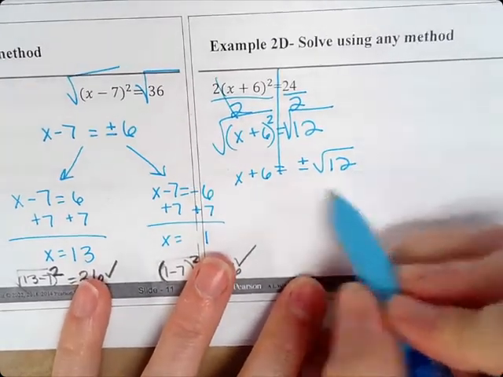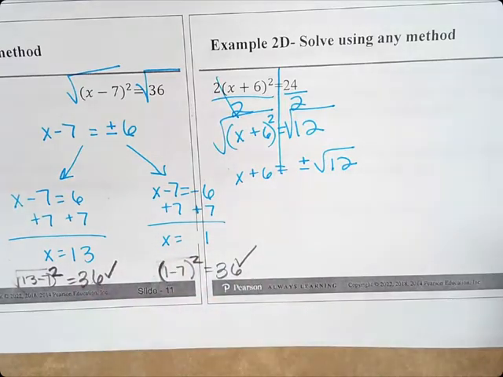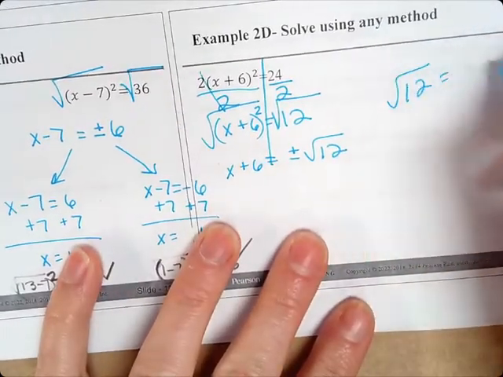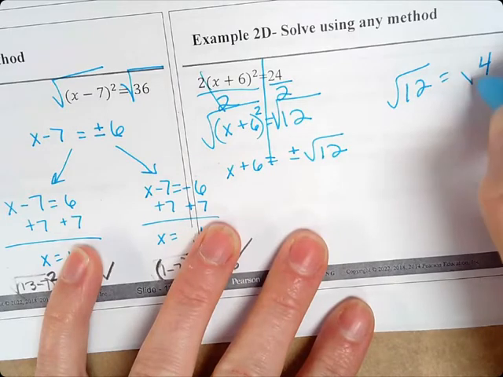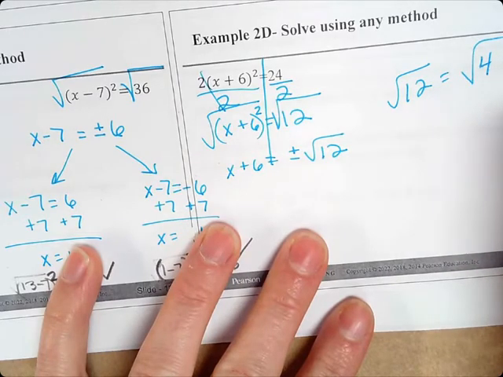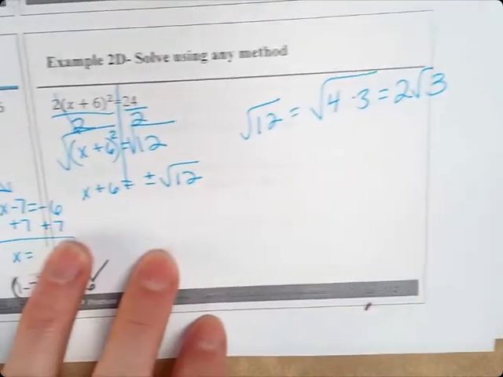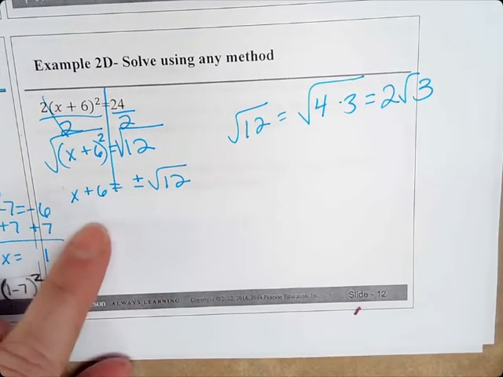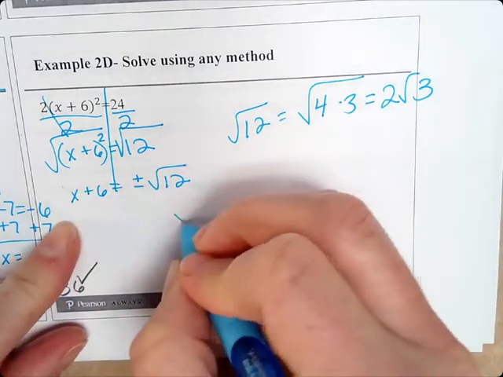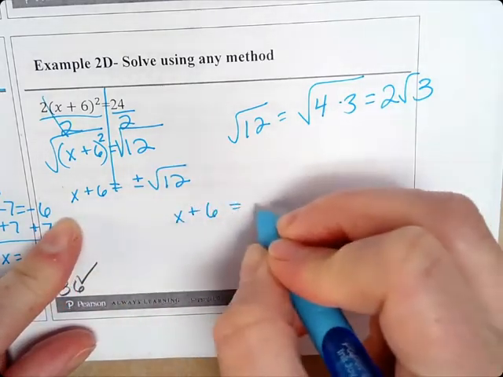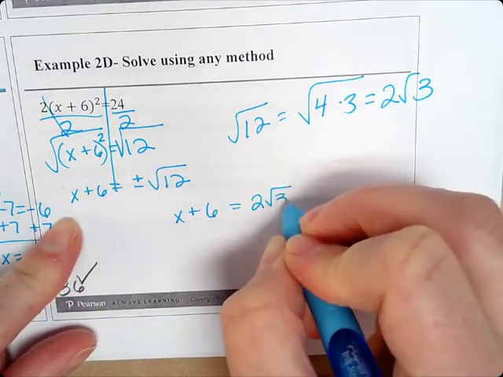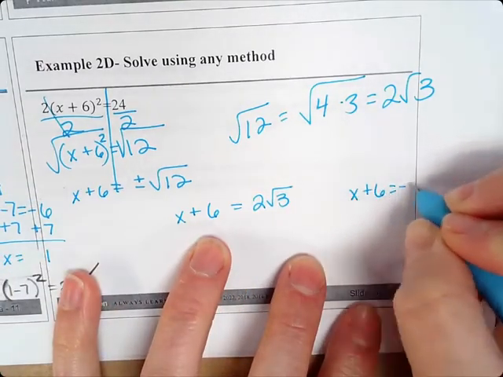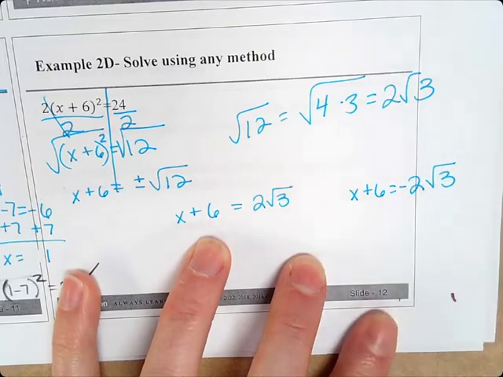I would want to simplify the square root of 12. That's 4 times 3, so 2 square roots of 3. So from this, I get x plus 6 equals 2 square roots of 3, and then x plus 6 equals negative 2 square roots of 3.